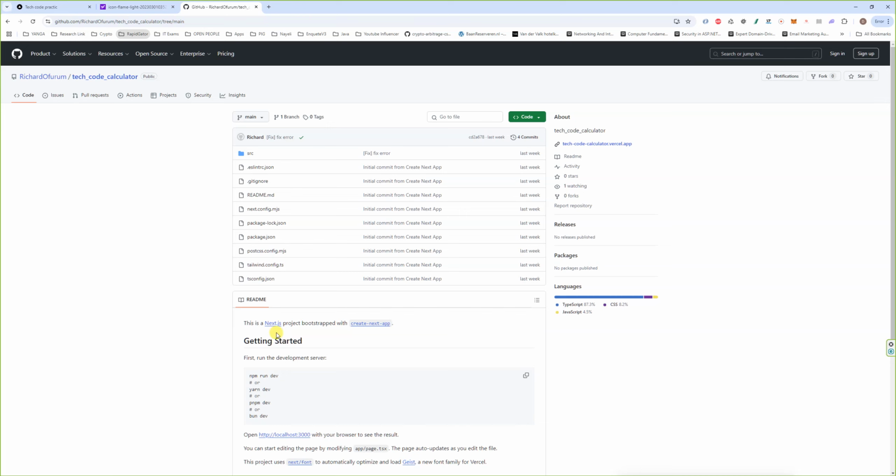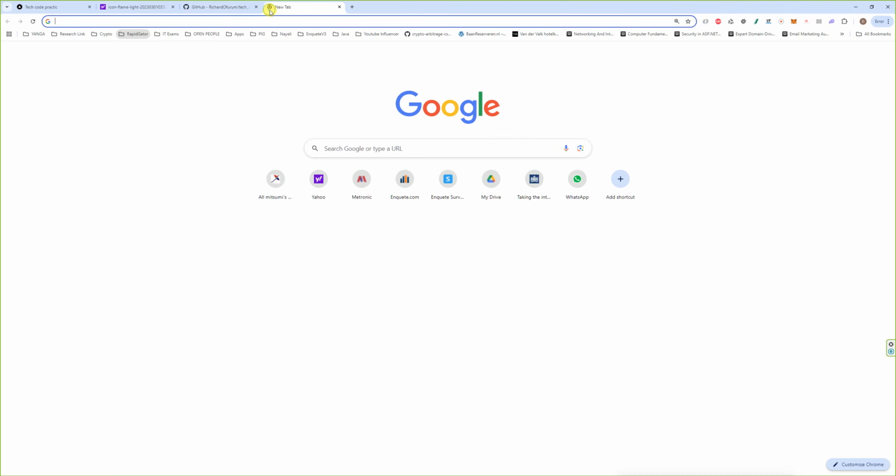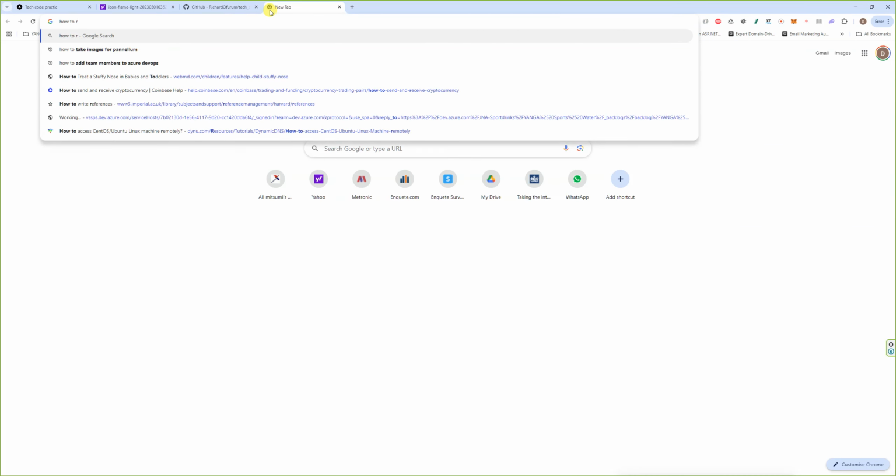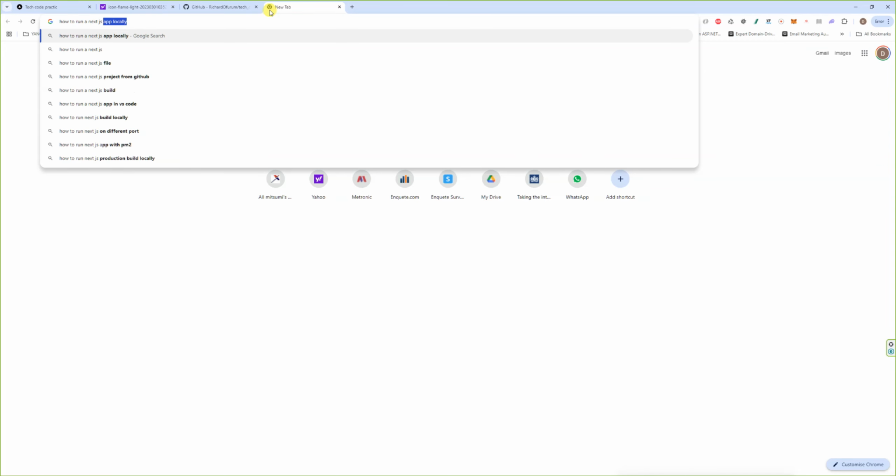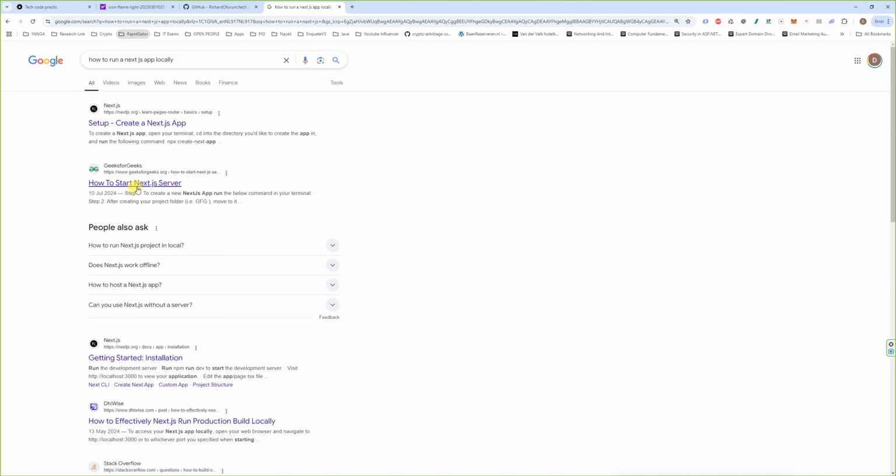You have to have certain things installed on your computer to be able to run this project. If you Google how to run a Next.js app locally, you can click on this and see the setup you need.